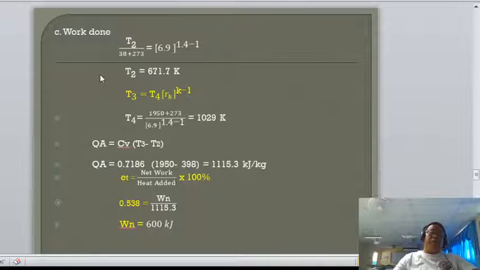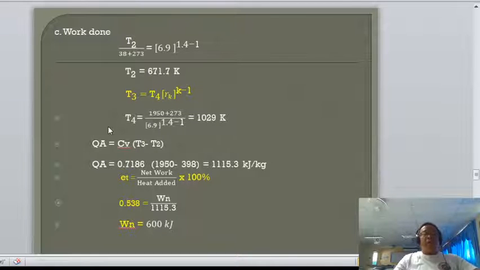Anyway, this T sub 4 here is not needed anymore. Okay. So, we can also solve the heat added using the difference in temperature between 2 and 3 and multiplying it by the specific heat at constant volume. Substituting it now, the value of the heat added to the system is 1,115.3 kilojoules. Okay.